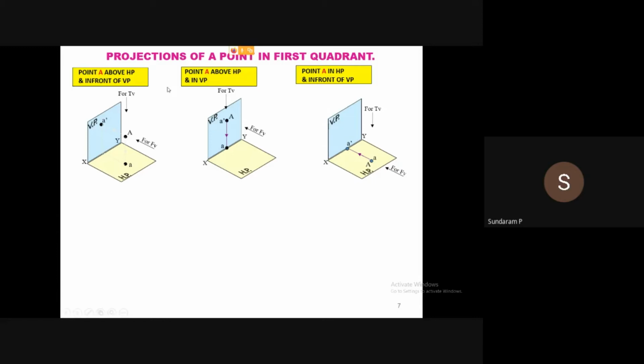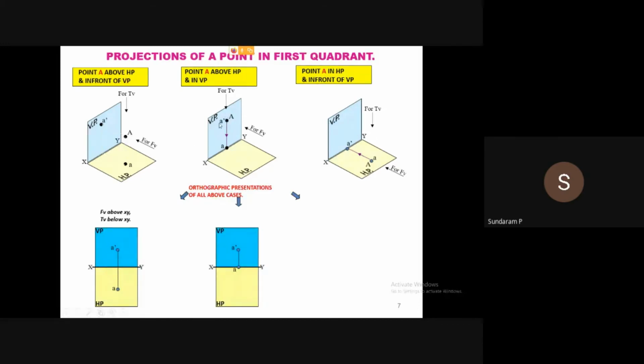In the first quadrant, we assume the point is at some distance in front and some distance above. So we need to rotate 90 degrees. With reference to the XY line, when we make it on the sheet, the top view comes below the XY line and the front view comes above the XY line.